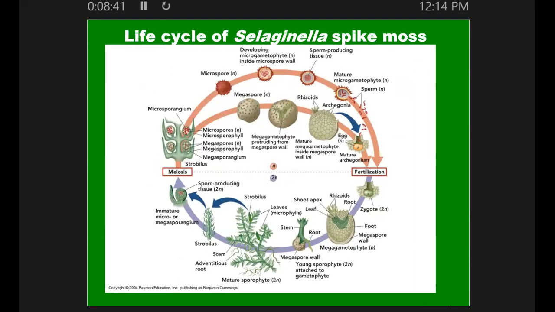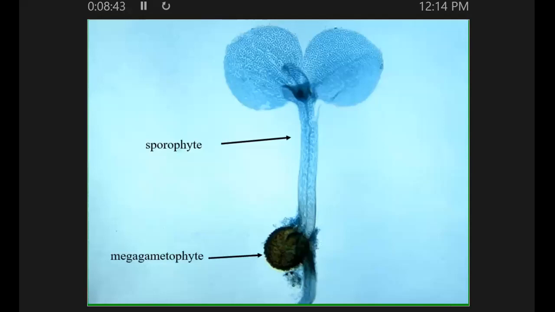And then in this group, they happen to do this as well. So here is a shining club moss in the baby stages of the sporophyte. So what's happened here is that the female gametophyte, the megagametophyte, had an egg there, okay, and the egg got fertilized by sperm.